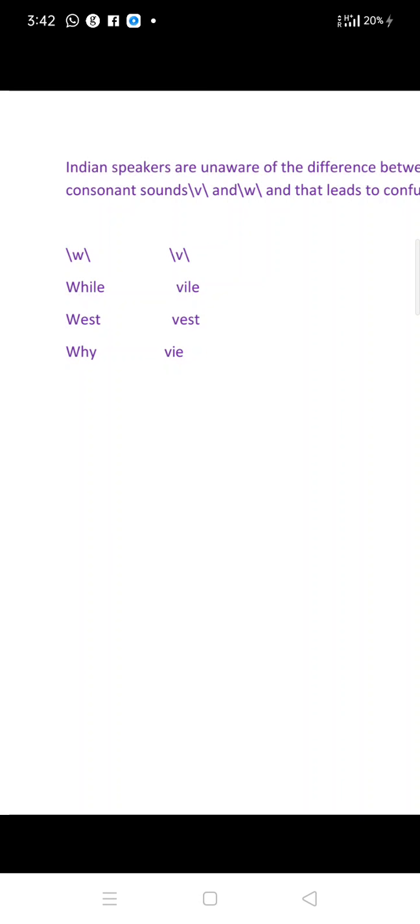The first is v, and the second one is v. Like the first one is v, like while, west, why. And the second sound is v, like while, west, we.